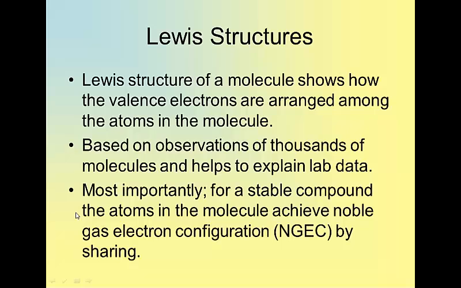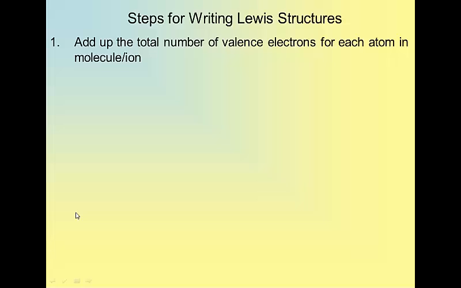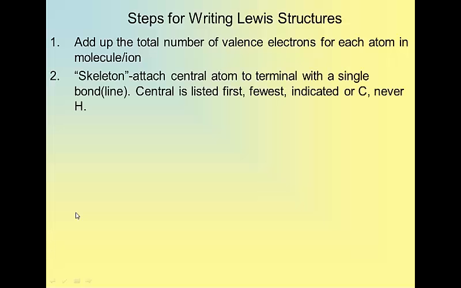All right, the steps for writing Lewis structures. Add up the total number of valence electrons for each atom in the molecule or ion. That's going to include the charge for a polyatomic ion. Total number of valence electrons for molecular compounds are the family number. Please remember hydrogen's on the left, but it is considered a nonmetal, 1. The skeleton.